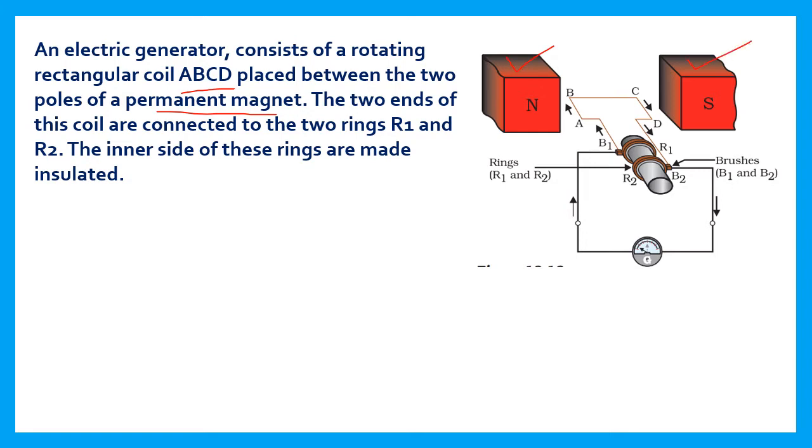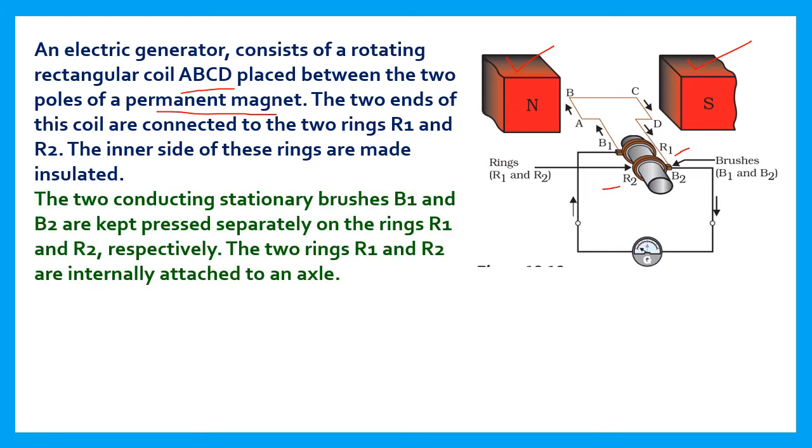The two ends of this coil are connected to two rings, R1 and R2. The inner sides of these rings are insulated. Two conducting stationary brushes, B1 and B2, are kept pressed separately on the rings R1 and R2.